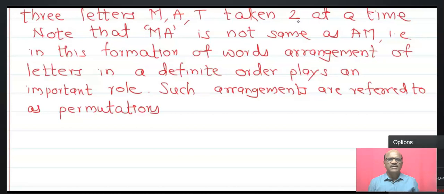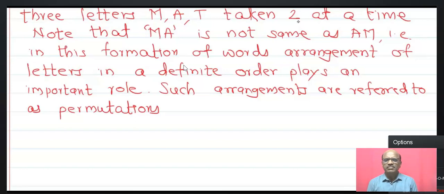Now see this again here. In this formation of the words, the arrangement of the letters in a definite order plays an important role. Such an arrangement is referred to as a permutation. You can take any two letters from MAT.